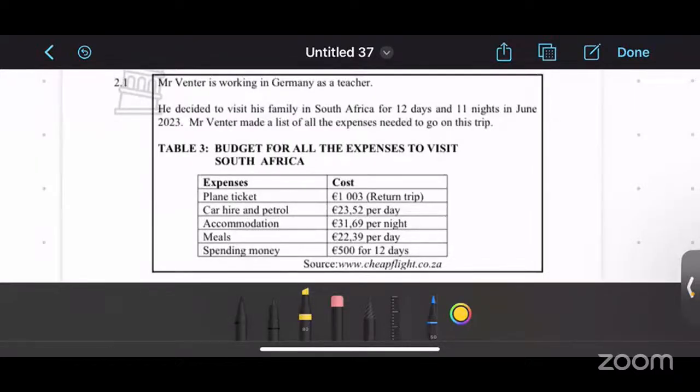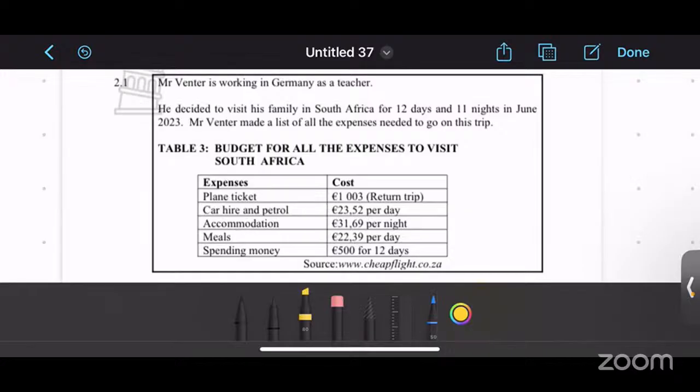I got 7,902 euros. I didn't calculate that, but if that's how you did it and you put everything correctly on your calculator, that's supposed to be correct.